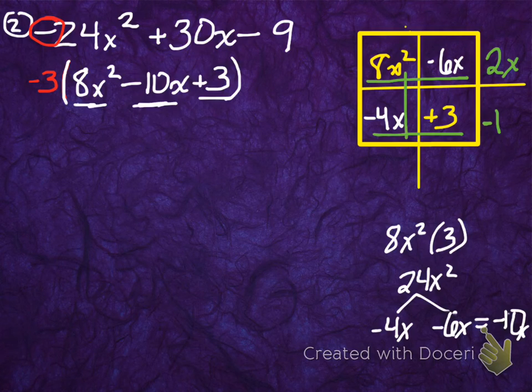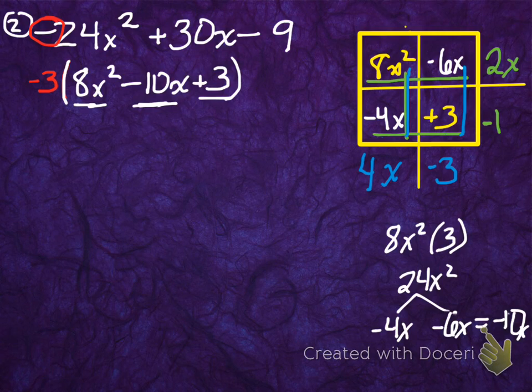So now the first column, 8 and 4, the largest number that can divide into both of those is a 4. There's an x in both terms, so a 4x. The farthest away is positive, so it's positive. Second column, 6 and 3. The largest number that divides both of those is a 3. And the farthest away is negative, so it's a minus 3.